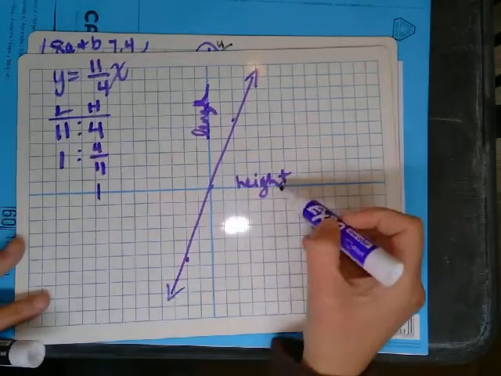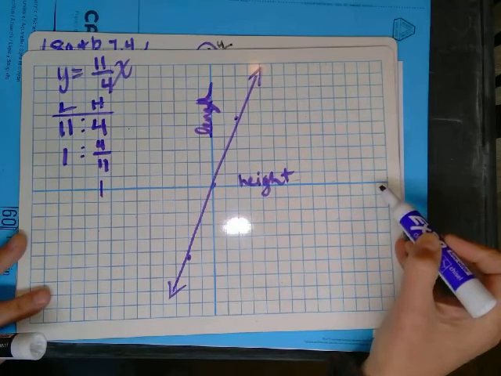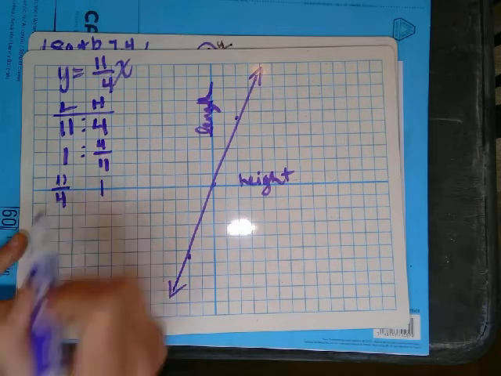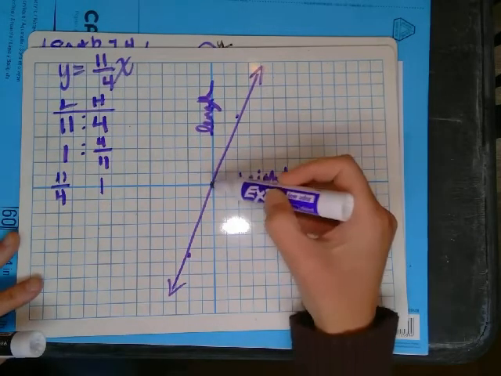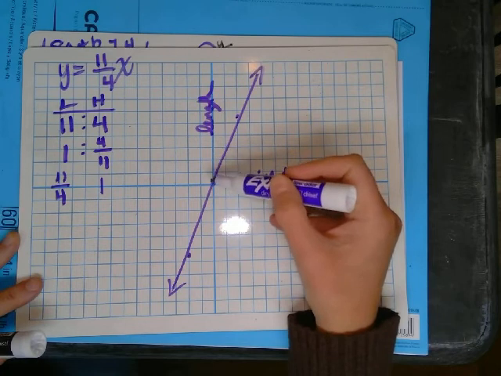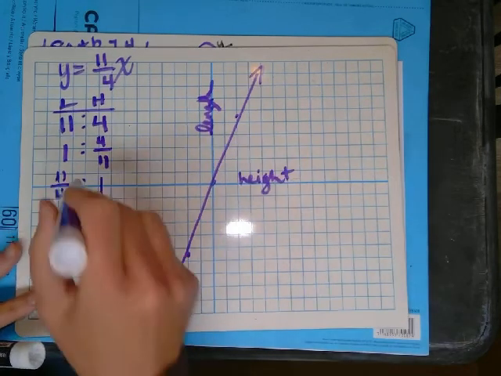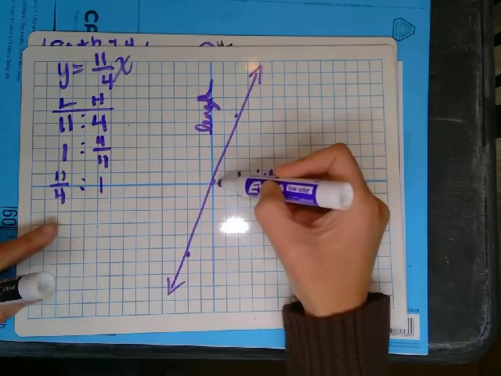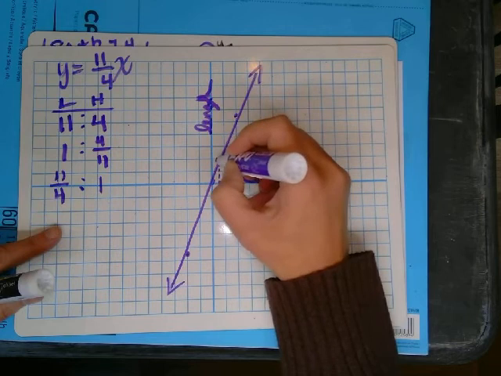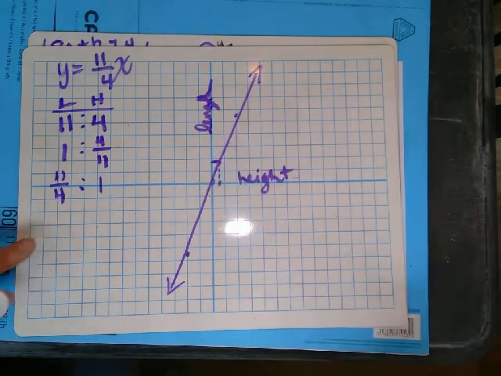But now let's kind of flip it around. Let's make the x-axis height. For every 1 we go over in height, we are going to go up 11/4. Or for every 1 we go up, we go over 11/4, and I'm still counting by 1, so it's a little trickier, but you can see for every 1 I go over, should be about right here, I go up 11/4, which would be about 3 1/4.